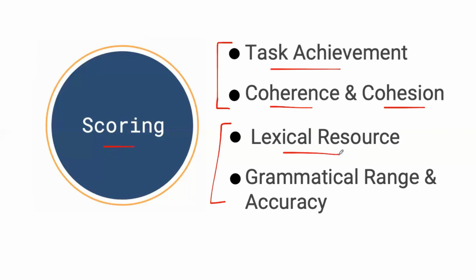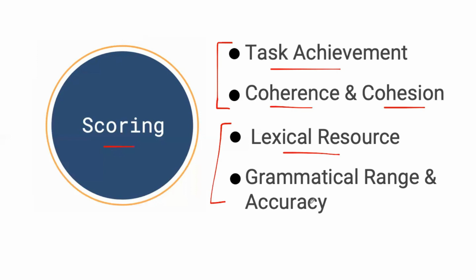And this could sort of be put on the back burner when students are really stressed out about making sure they get all of the points in task achievement and coherence and cohesion. Again, if you make an outline and we are well prepared for our essay, you can spend some time on your lexical resource without freaking out about these 2 points above.